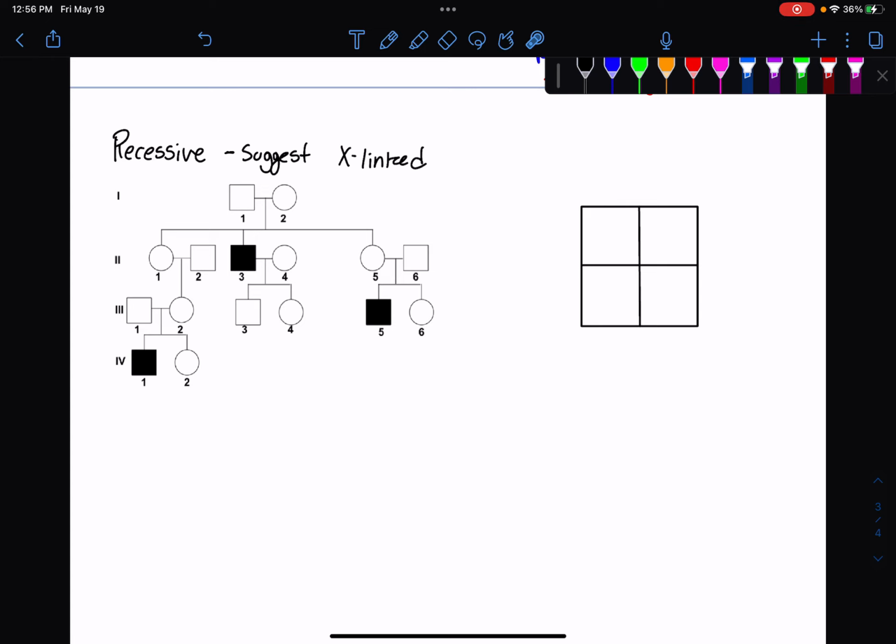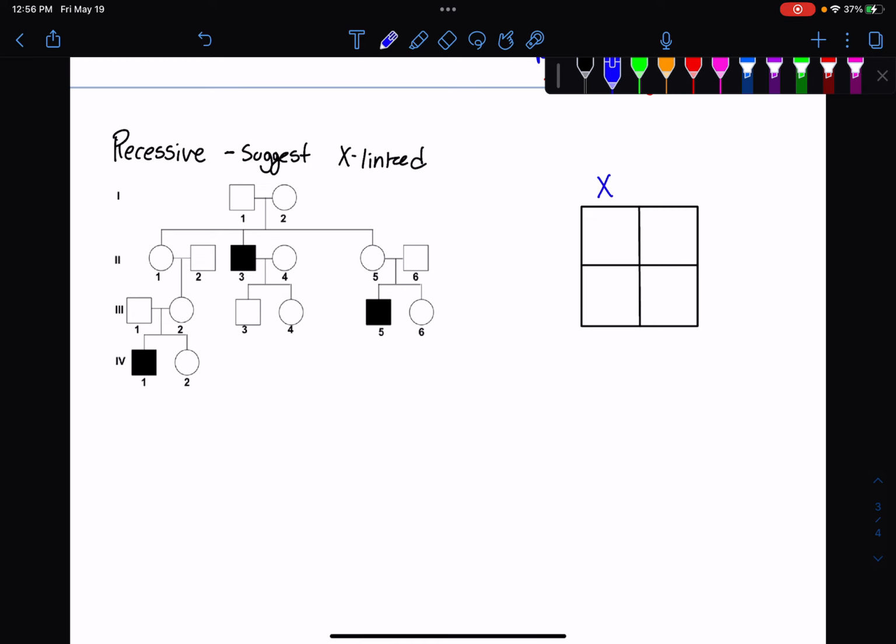Now, it could still be autosomal, but testing-wise, if you see all males, it's going to be X-linked recessive. And at this point, we saw that it was already recessive. So if we see that it has a leaning towards one sex, so males, it's probably going to be X-linked.